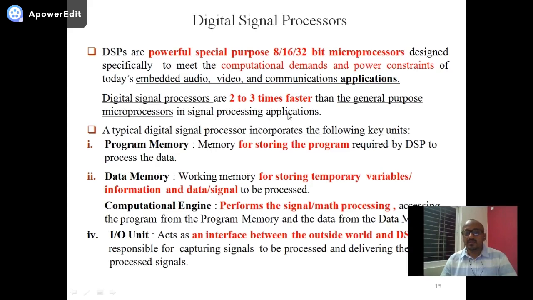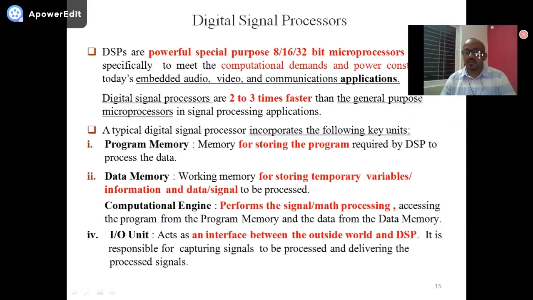The DSP processor is 2 to 3 times faster than general purpose processors, and the key units of the DSP processor are the program memory and data memory. As you know already, program memory is used to store the programs required for the DSP to process the data, and the data memory is used to temporarily store variables or signal information.